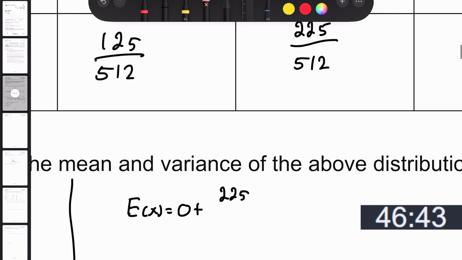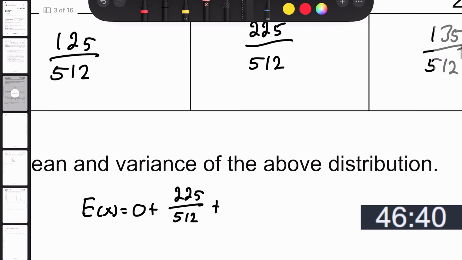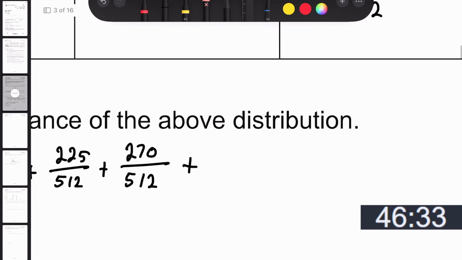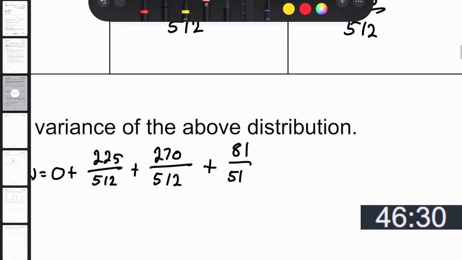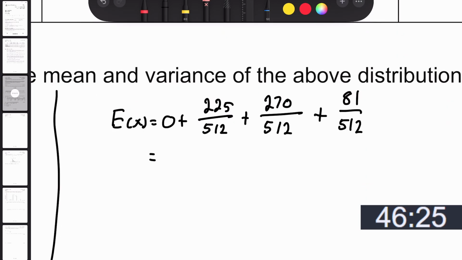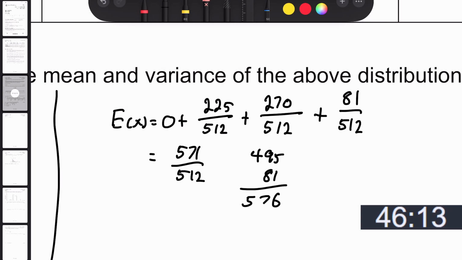0 plus 225 over 512, plus 2 times 135, so 270 over 512, plus 3 times 27, so 81 over 512. So this is going to be 495 plus 81, 576 over 512.